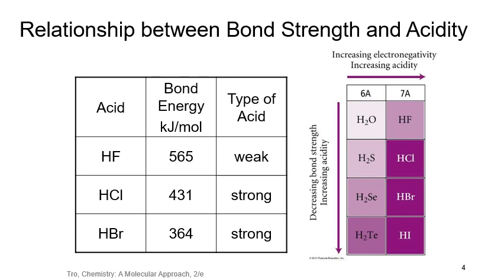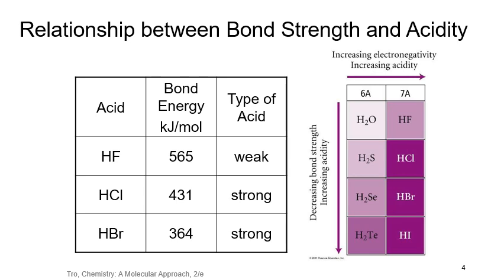That means that the bond between the two has to be weak. If we have a weak acid, that means that the attraction between the hydrogen and the anion is much stronger. It doesn't want to break apart nearly 100%. So if we look at our acids and the bond energies, you'll see that as the bond energies go down, the acids become stronger.